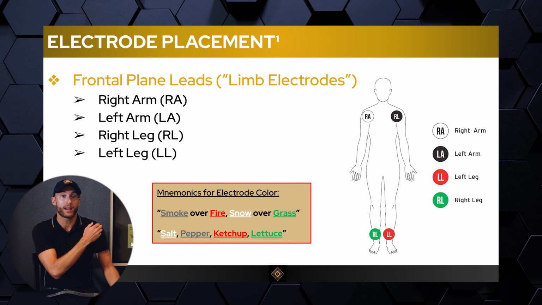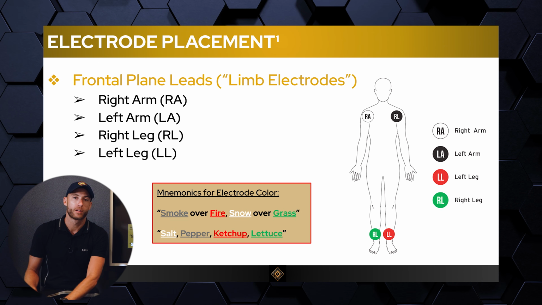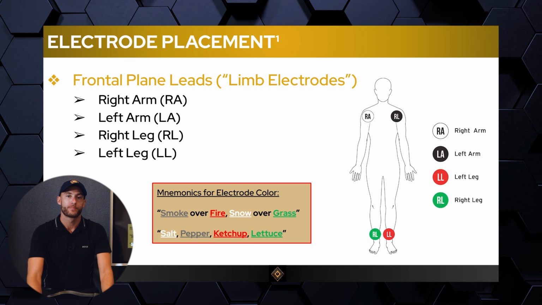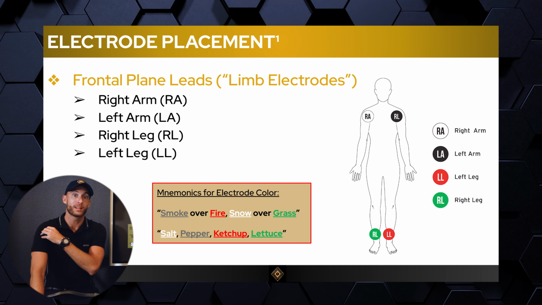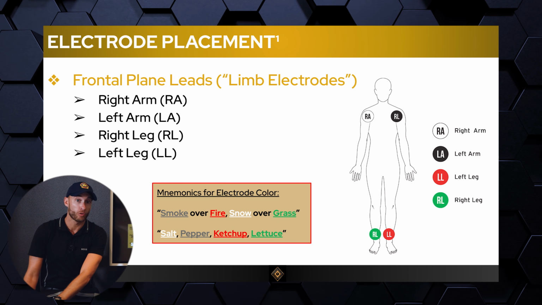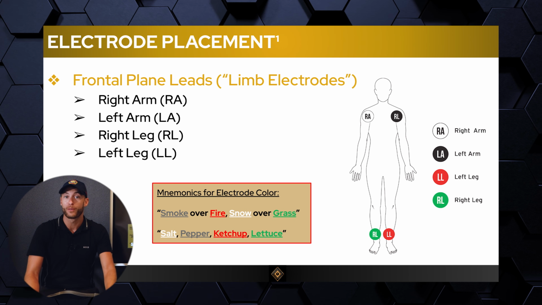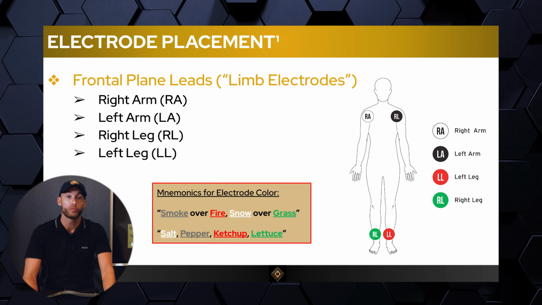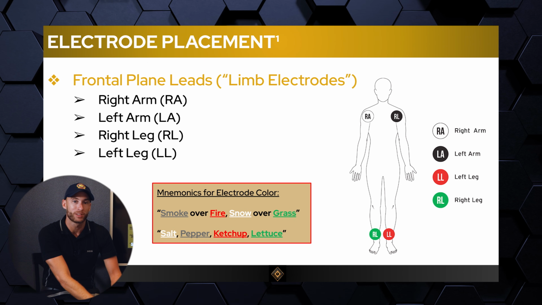Smoke, it's black, over fire, which is red. Green is the ground. What that means, right arm is white. That's the white electrode. Green is the ground, green is grass. That's the right leg. And funny enough, that's our ground electrode. It's cool too. Black is our left arm, and red is our left leg.